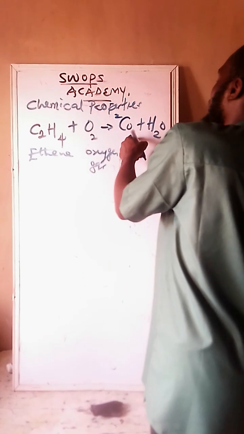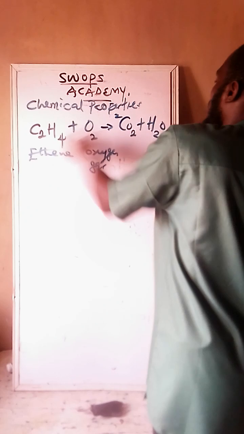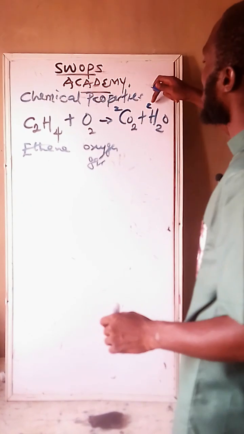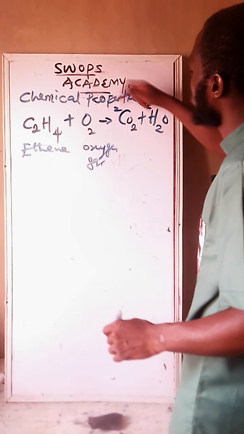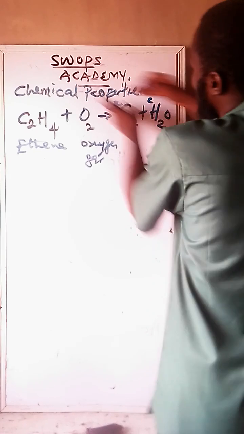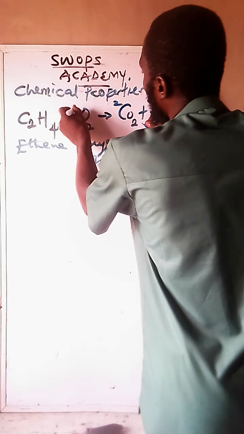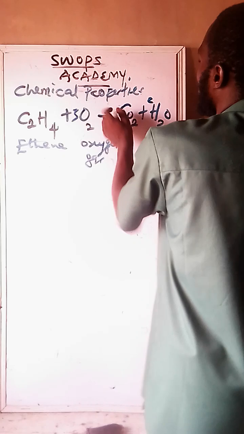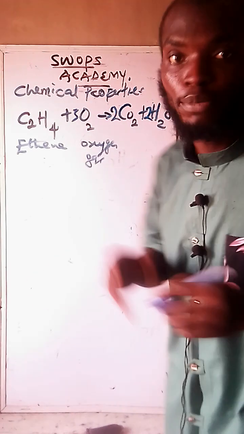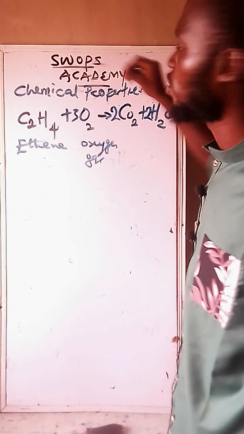How many hydrogen is here? 4. Put 2 here. This has been balanced, but we have 2 oxygen here plus 2 times 2, 4, making 6. You can put 3 here. So everything is actually balanced. So this is the first chemical property of alkenes.